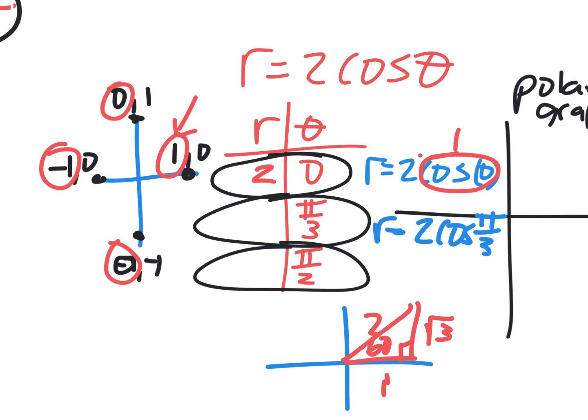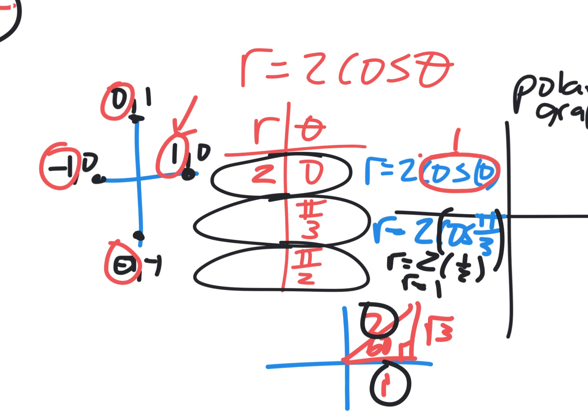So tell me what cosine of pi over 3 is. So this part here is a half. Yeah. So 2 times a half is 1. So r equals 1. So then that's a 1.